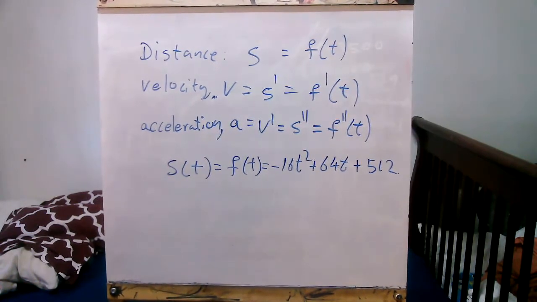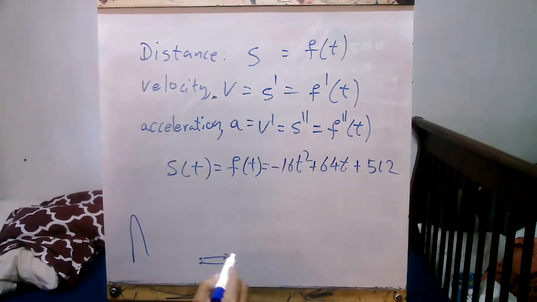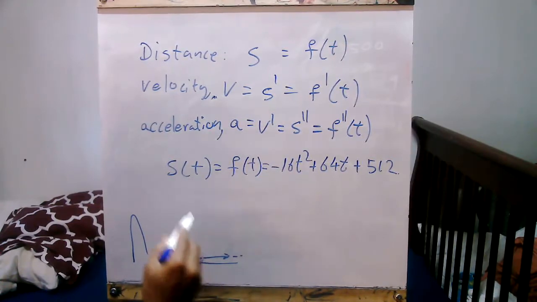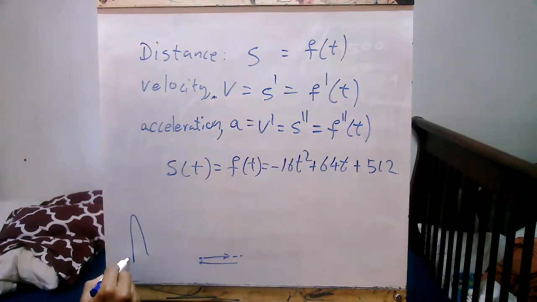Now if this gives the distance of an object from a fixed point, not necessarily going up, it could go up like this, or the object could move in this direction, right? The distance here, we measure in this direction.